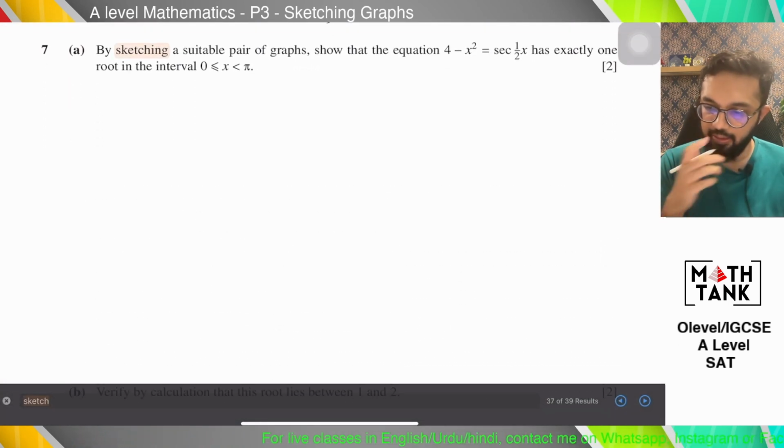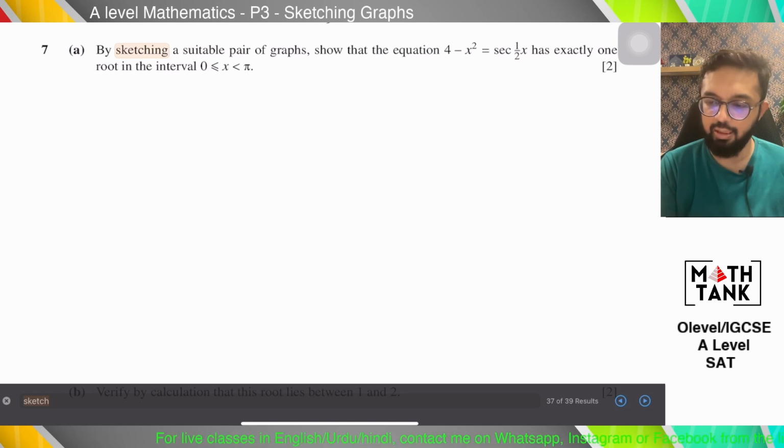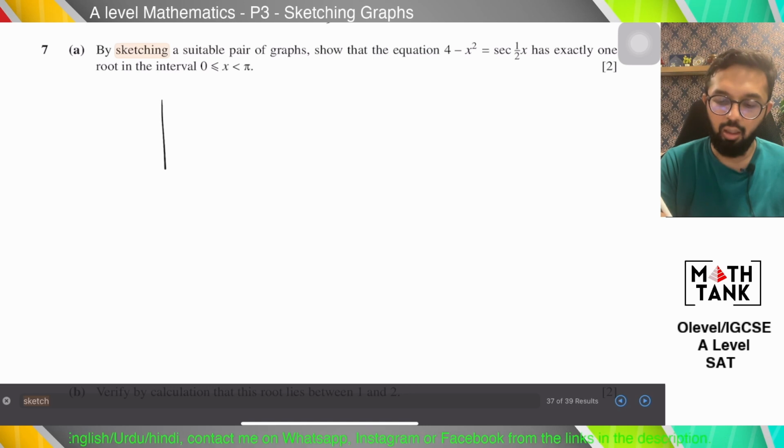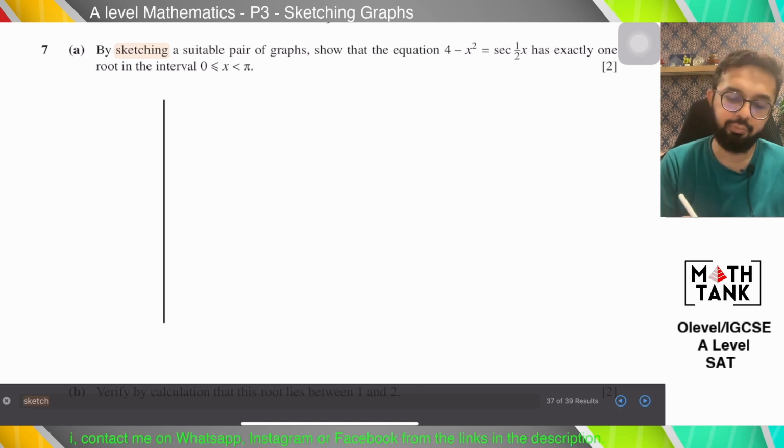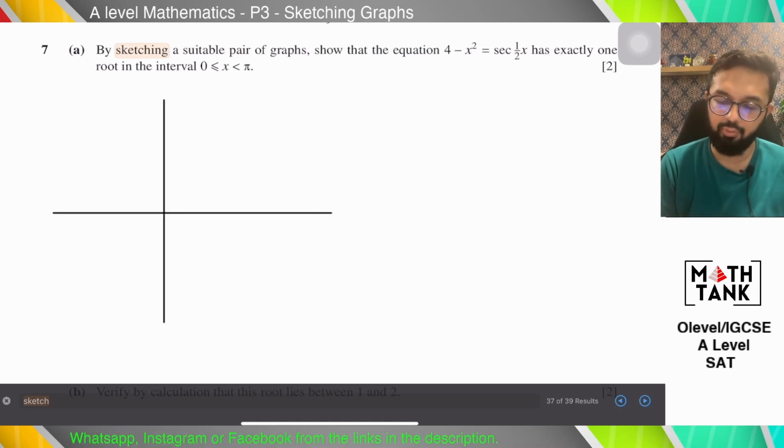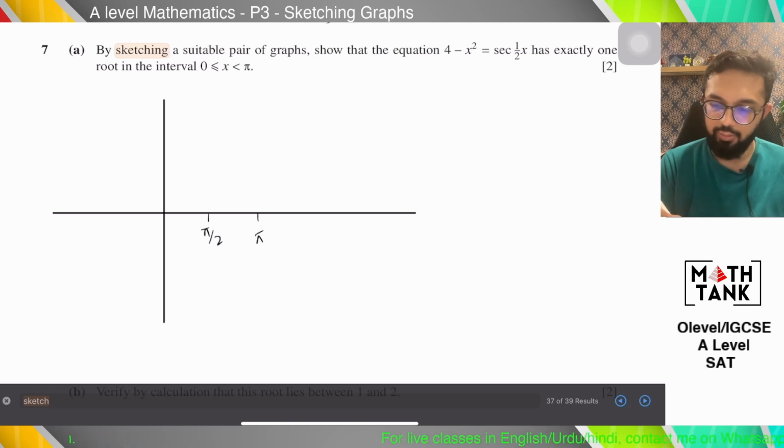Then this is a similar graph for 4 minus x squared sec half x. I'm going to draw this for you. So 0 to 90 again, pi over 2 and pi now. Cos x used to look something like this, where it would have stretched, so it would look like that, and then go down.